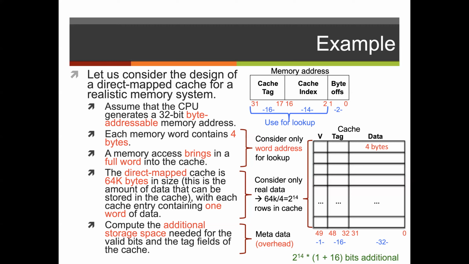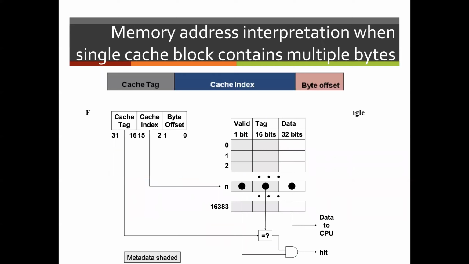And so what this means is that we can calculate that we're going to need 2 to the 14 times 17 additional bits to use. And so with this in consideration, we can depict how a memory address is interpreted for a single cache block.